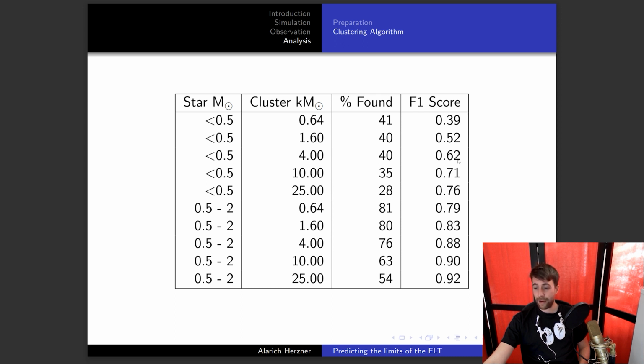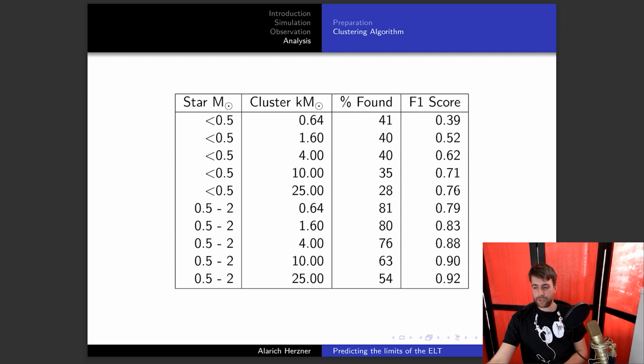It's a direct correlation between the total cluster mass and the score. 0.76 is quite good. This is kind of my prediction: I will say with the ELT, we will be able to perform clustering with at least such a score. I would say in reality, it will be possible to get even way better results than this one. So mine is a quite low estimate.